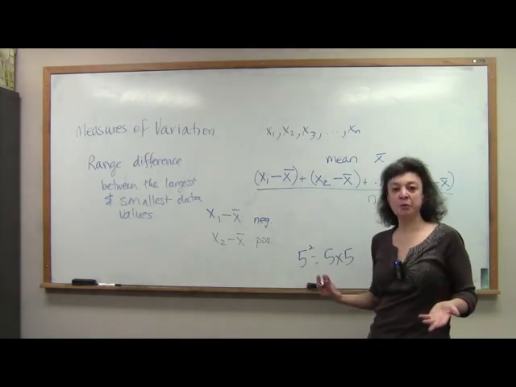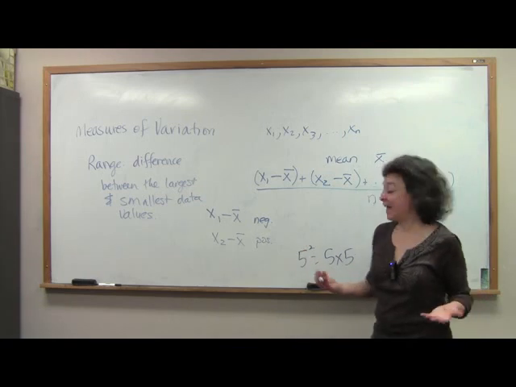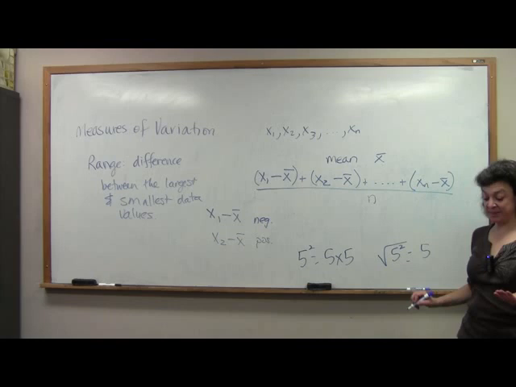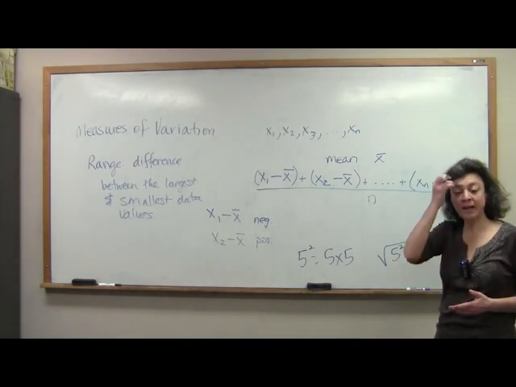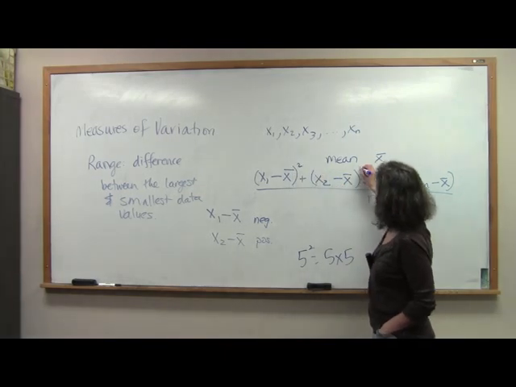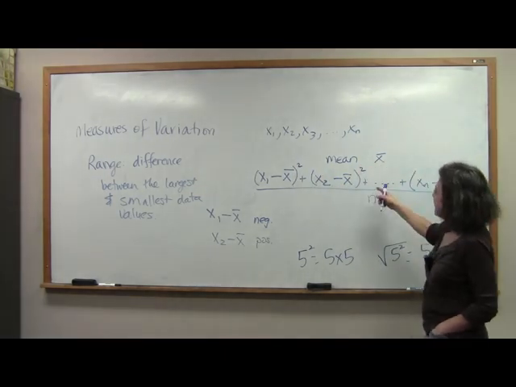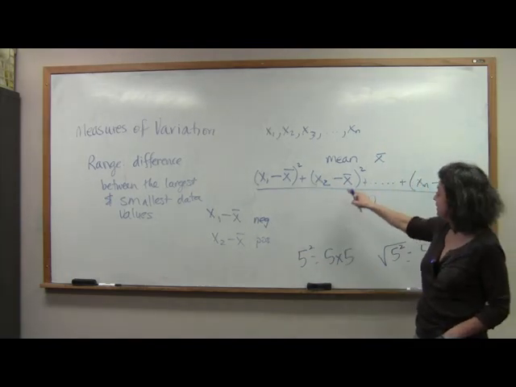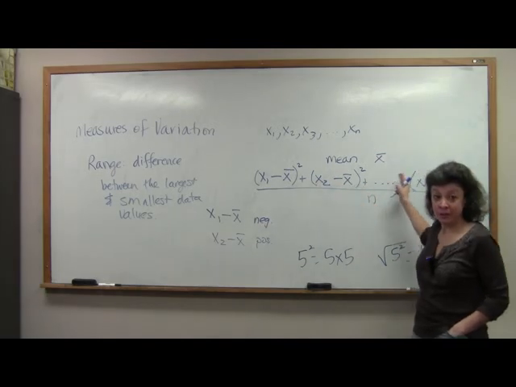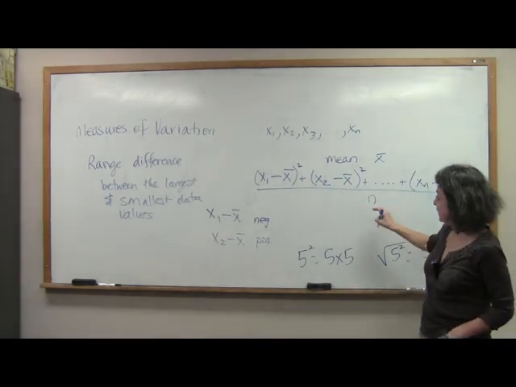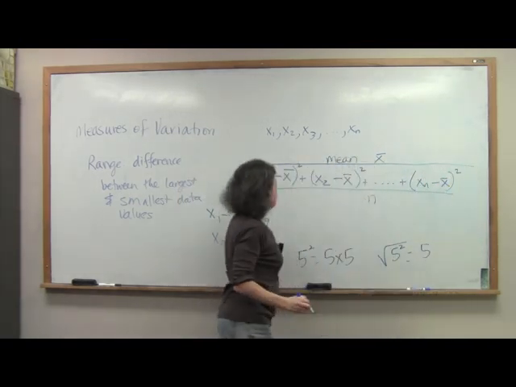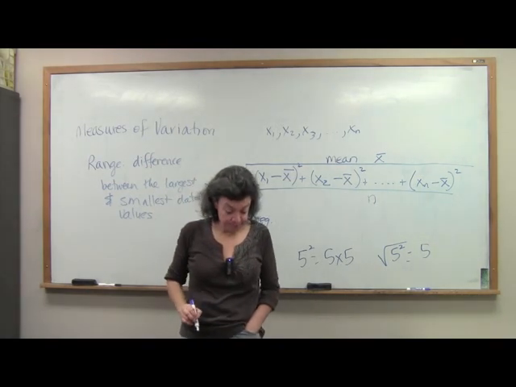So we know that when we square things, in the end, what we can do is take the square root of it because that gets us back to where we started, okay? So the standard operating procedure is to do exactly where our intuition was taking us. Take all your data points, subtract the mean, square each of those quantities, and then once you divide by n, you take the square root of it. Okay?